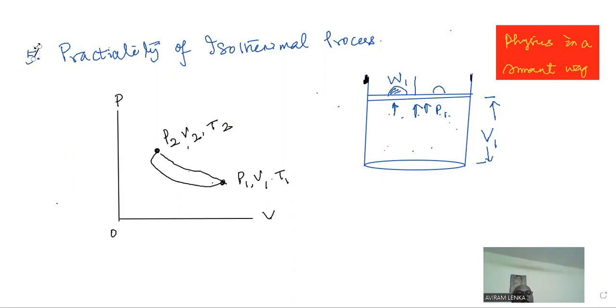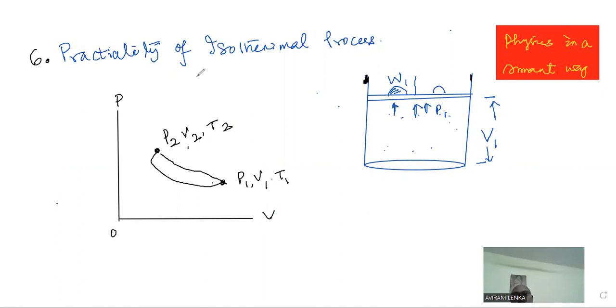Step 5 was the graph, so this should be step 6 of the isothermal process. Okay, no time to go back to that now. That is the practicality of the isothermal process.